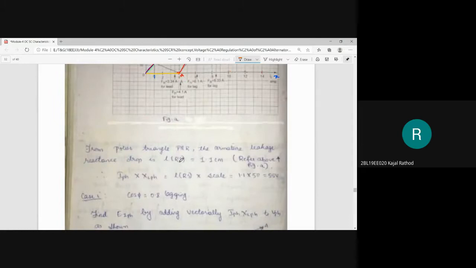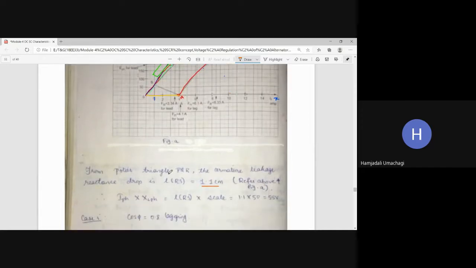Yes, sir. So length of RS is 1.1 centimeter. Note down, all of you, this value. Length of RS is equal to 1.1 centimeter. From Potier triangle PQR, the armature leakage reactance drop is length of RS, equal to 1.1 centimeter.